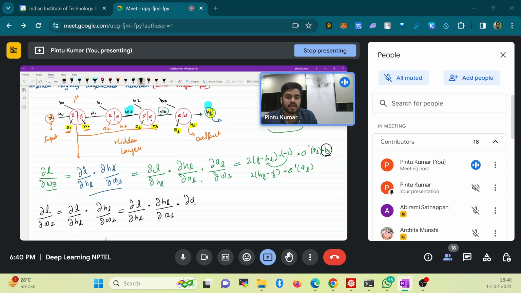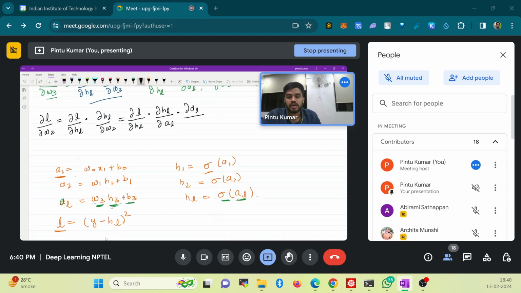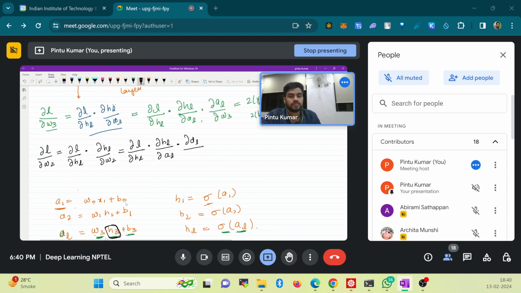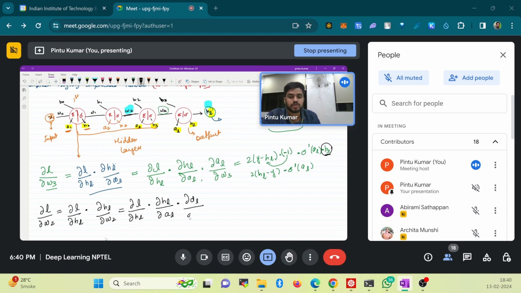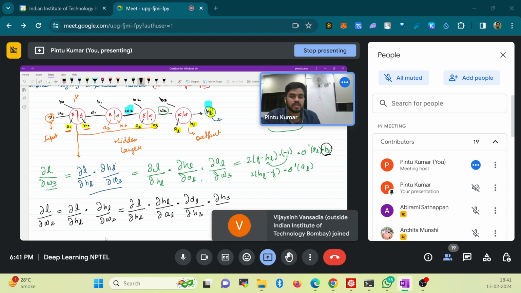And then AL is a function of H3, so it will have a partial derivative with respect to H3. Then H3 has a partial derivative with respect to A3. And from A3, we can straight away reach W2.